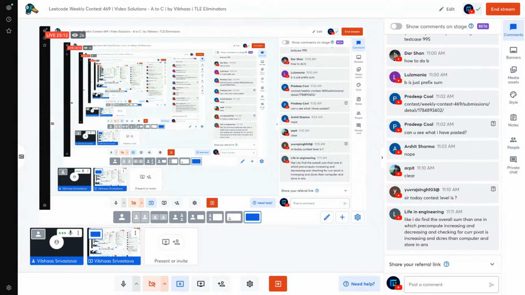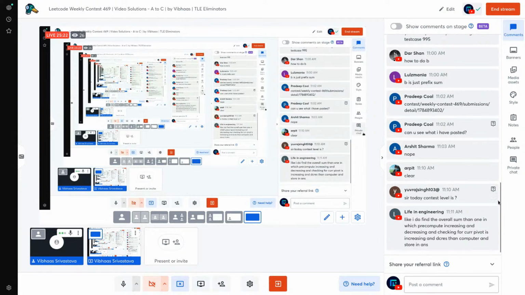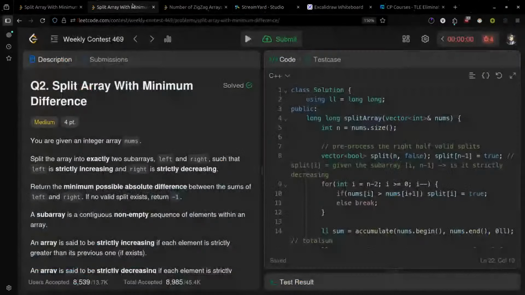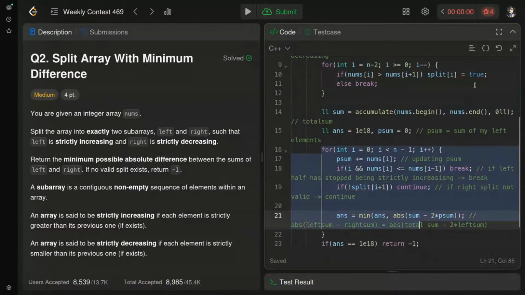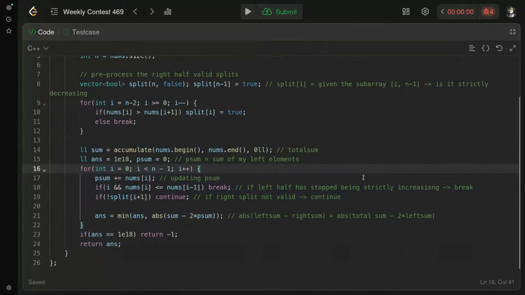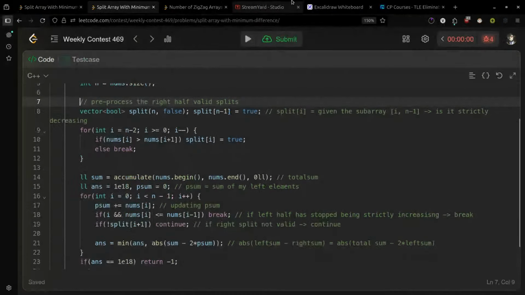And then you can check the overall sum to find the left sum and the right sum, and then you can take the absolute difference and update it. Although here I'm only pre-computing the right one. I'm not pre-computing the left one because during iteration itself I can do that part. I'm only pre-computing if the right half is valid or not.